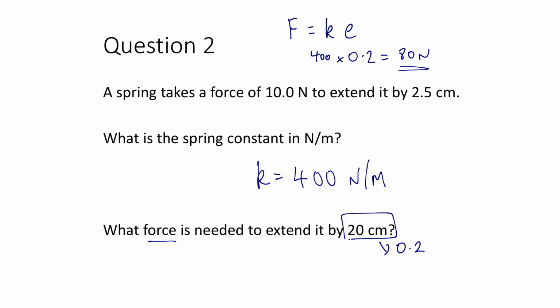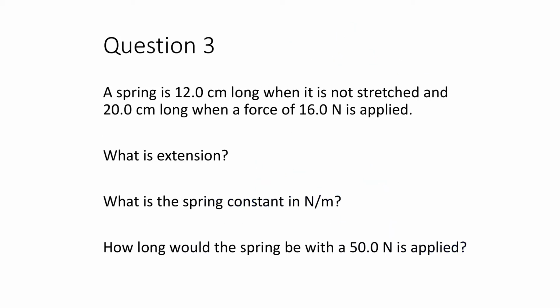And on to the final question, question 3. A spring is 12 centimetres long when it is not stretched and 20 centimetres long when a force of 16 newtons is applied. So there's 3 parts to this question that I'd like you to have a go at. What is extension? So what do we mean by extension, but also what's the value of the extension?